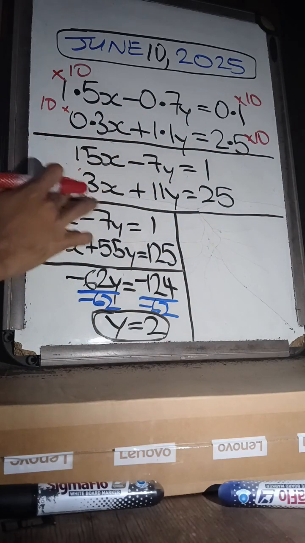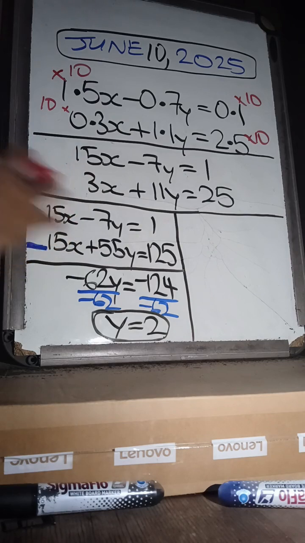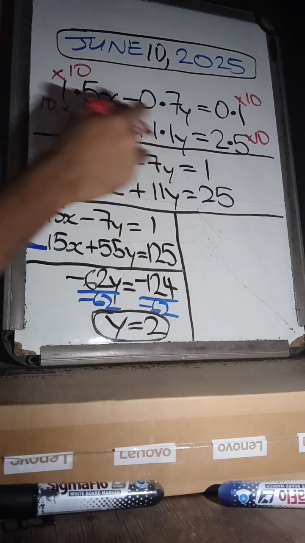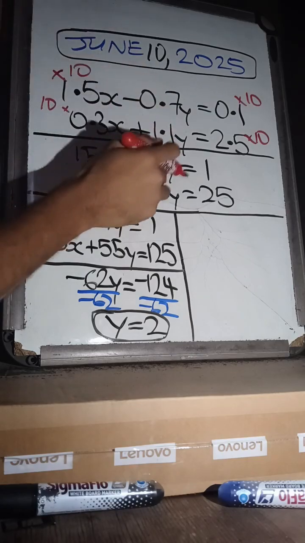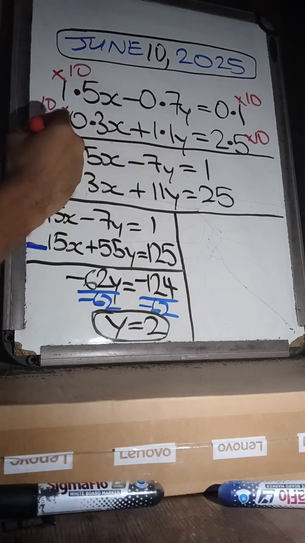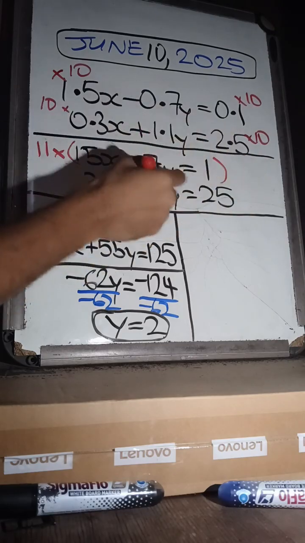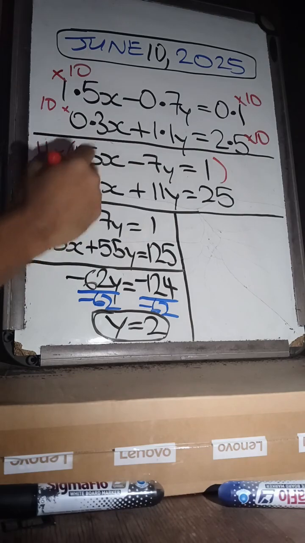Now for the y, seeing that the LCM of 7 and 11 is 77, both numbers are prime, you have to multiply them together. So if I want this 7 to become, well, 7 by 11, 11 by 7. So 7 is multiplied by 11, and 11 is multiplied by 7.